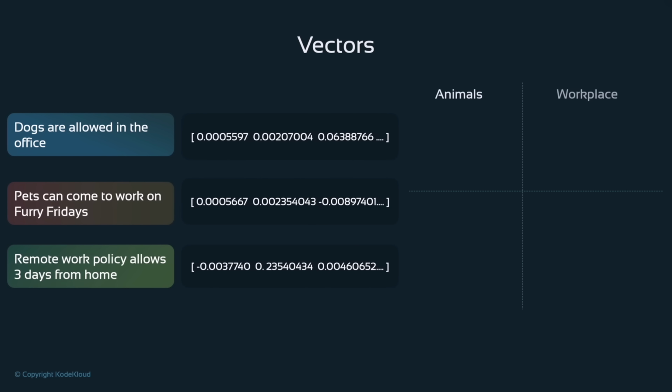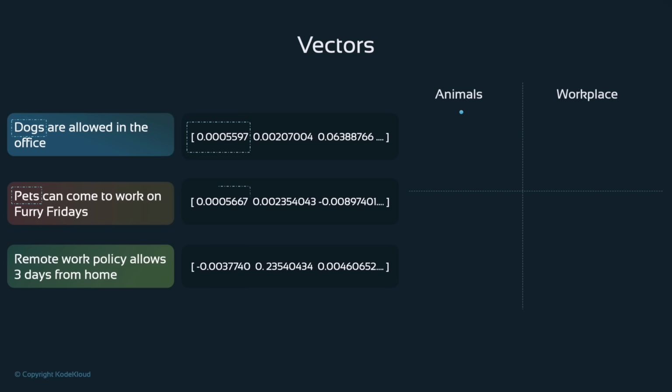Each number represents something that the model learned about language. Maybe the first number captures how animal related the text is, the second number captures how workspace related it is, and so on. And it then plots that in a graph. So dogs get a number, 0.0005597, and are added to a section of the graph that represents animals.